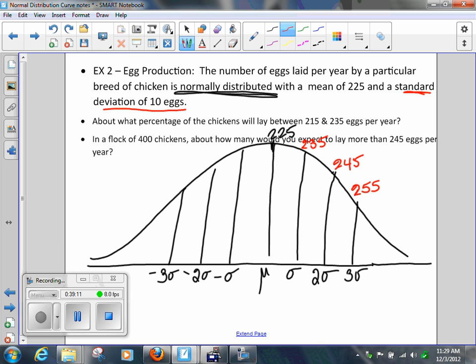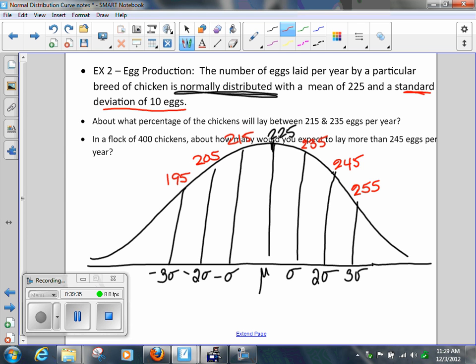Everybody cool? Go back the other way. 225 minus 10. 215. 205. 195. Is that it?